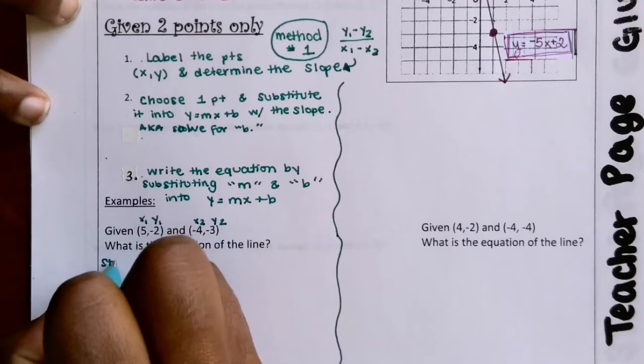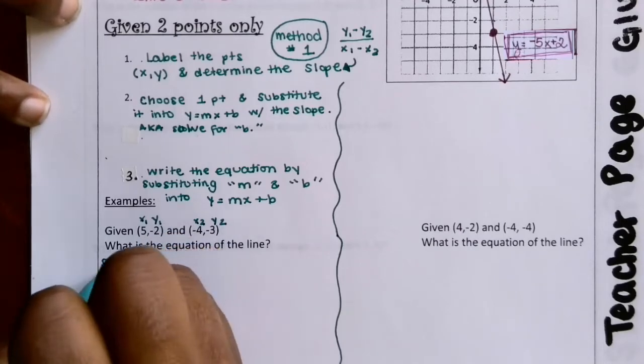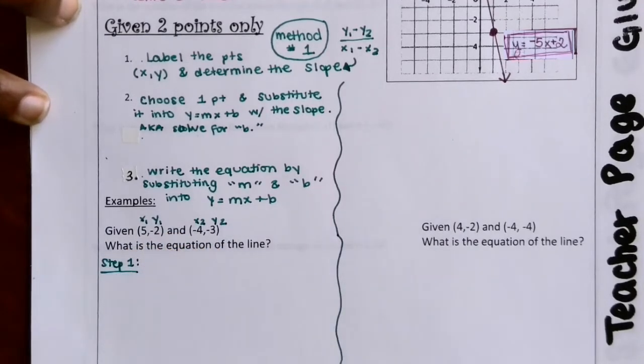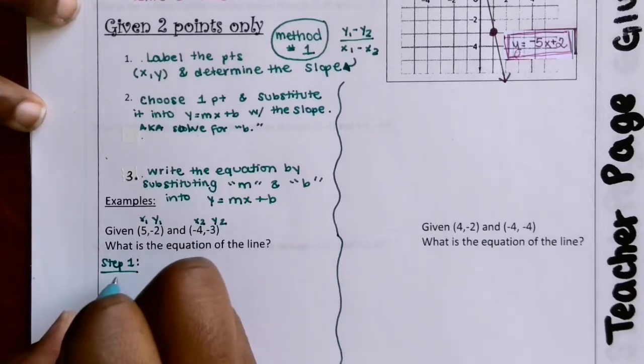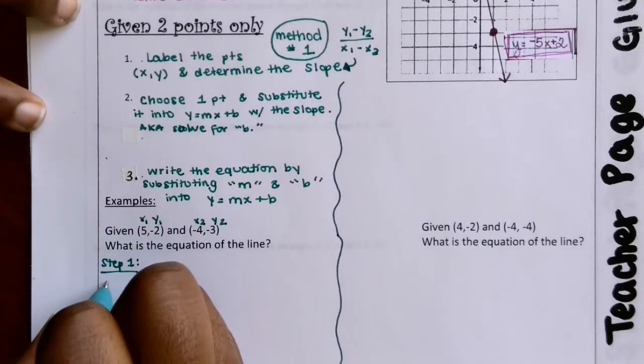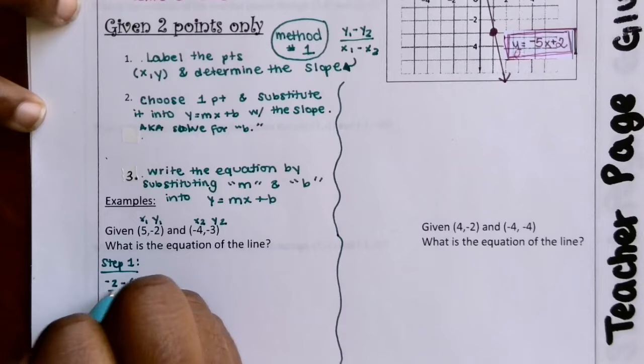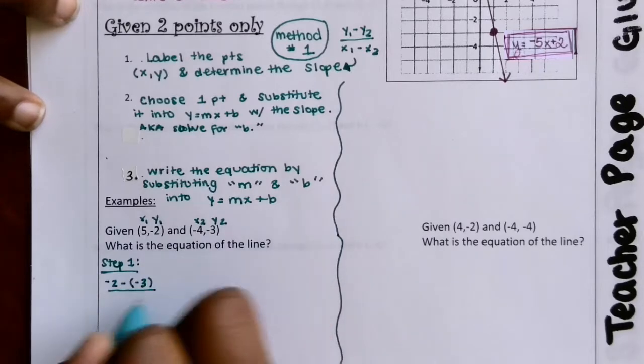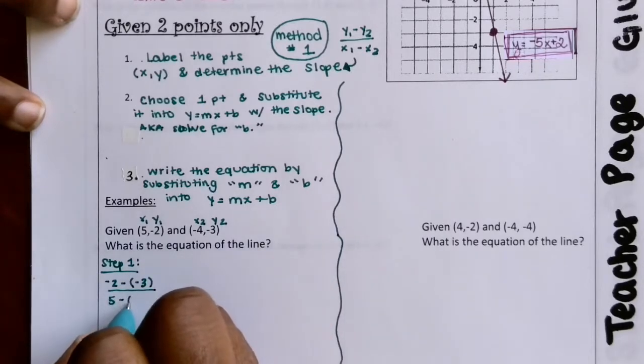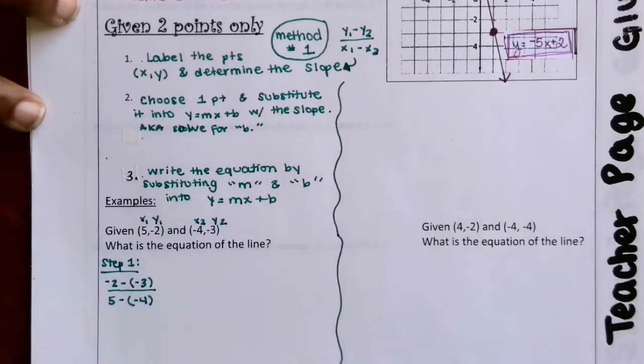It's super important to keep your workspace neat and organized, so you'll see me here labeling the step 1 area in order to demonstrate that I'm calculating for my slope. Now that I've labeled my points, I'm going to take them and plug them into our slope formula. So for y1, I'm going to substitute -2 minus -3 as y2 divided by x1, which is 5, minus x2, which is -4.